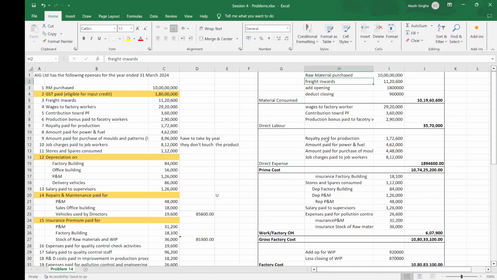Royalty paid for production and amount paid for power and fuel are direct expense.